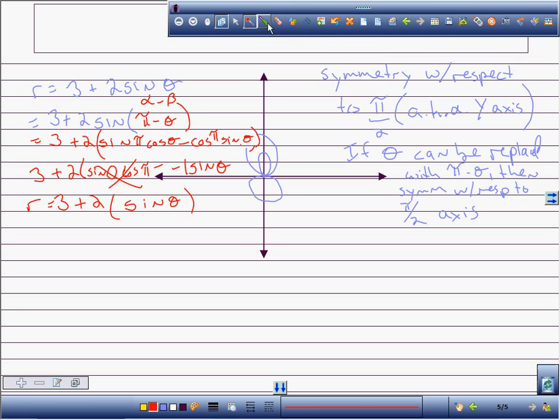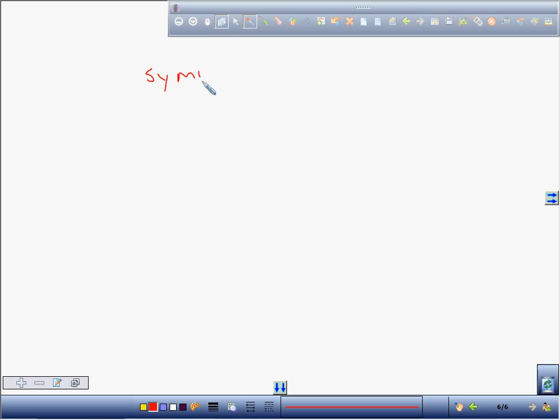Next thing about symmetry, and then we're just going to graph a function, and then we'll be done. So symmetry with respect to the origin, okay?